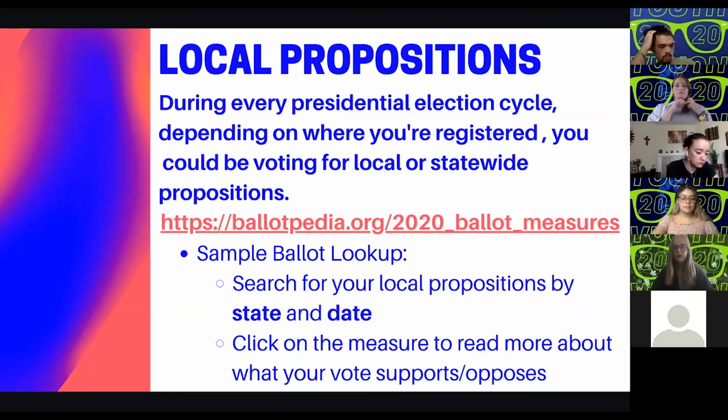If you want to read more about your local state ballot measures, Ballotpedia has this awesome tool where if you click on your state and on your voting date, it'll have the list of all the measures that are up on the table, and it'll give you a whole overview of who's running for certain things, but also what's being debated. And we can go to the next slide as well.